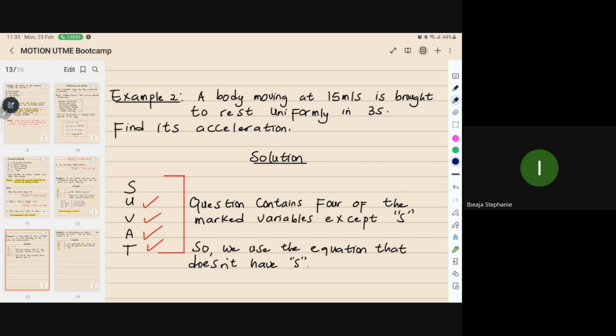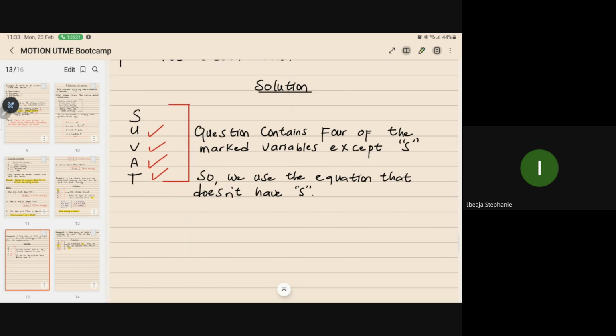Titilola, why are you laughing? Can you tell me why you're laughing? What's amusing you? Titilola? Okay, now. Oh, the cleanup is so fast.